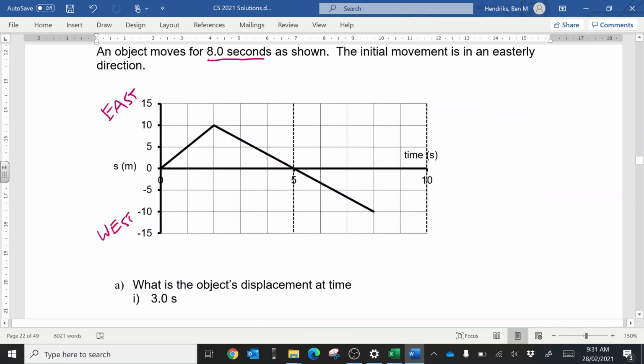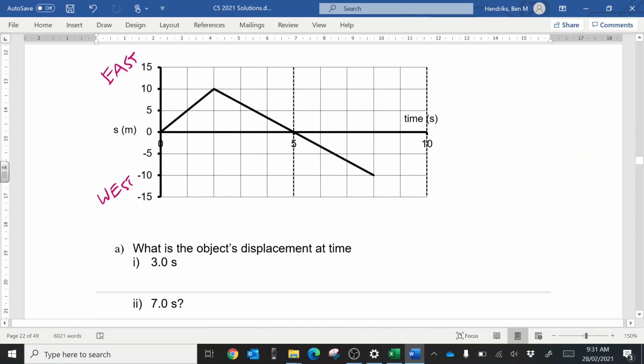Okay, so what is the object's displacement at time 3 seconds? So at 3, it's here. This is the 3, and then what you want to do is grab a ruler, and we'll try and rule this in. It's roughly straight, so you want to get it as straight as possible.